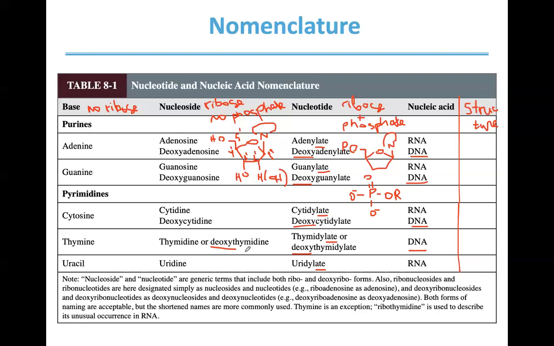Because the majority of genetics is based on DNA and DNA manipulations. And so often scientists who work with DNA drop the prefix deoxy, and they just refer to this as thymidine or thymidylate, knowing that they're working with DNA. So if everybody knows that there is no hydroxy group there, you do not need to continue emphasizing that.